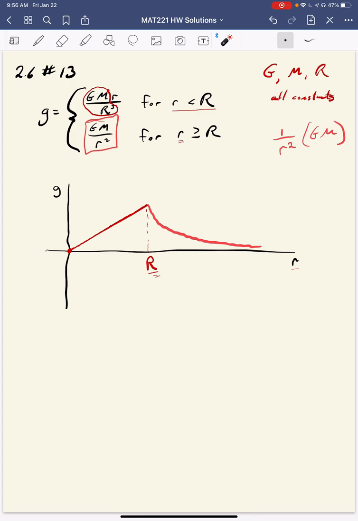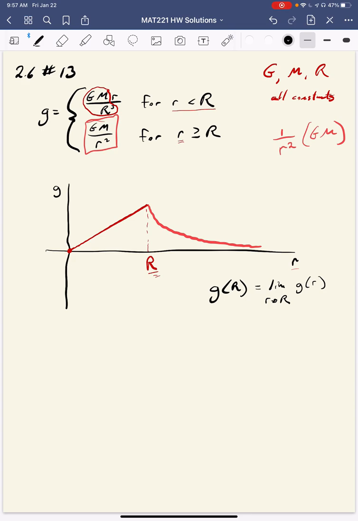Do they actually meet at the same exact location? So is g at R equal to the limit as r approaches R of g of r? Is that the case? Okay, so let's look and see.